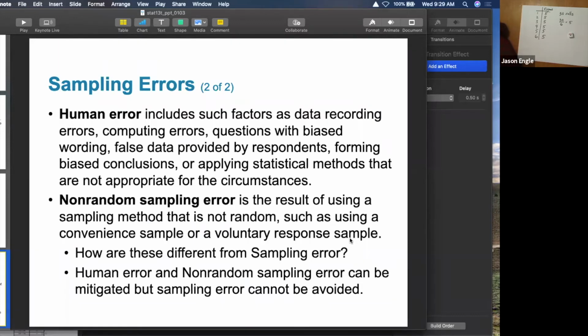Okay, so we'll go back to that YouTube video survey that I was talking about earlier. That's kind of a voluntary response sample. These voluntary response samples are notoriously bad, simply because they're biased towards the people who volunteer to respond.